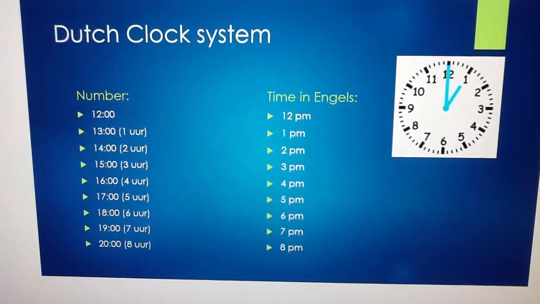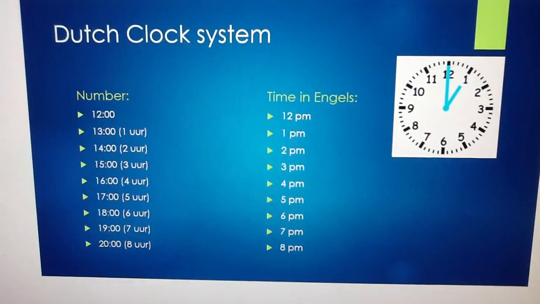I'm just going to name them. So 1 p.m. in English would be 1 uur in Dutch. It's just 1 uur, but it's p.m. in the afternoon, so you have to write 13. Not 1, but 13. So 13 is 1 uur. 14 is 2 uur. By the way, uur is hour.